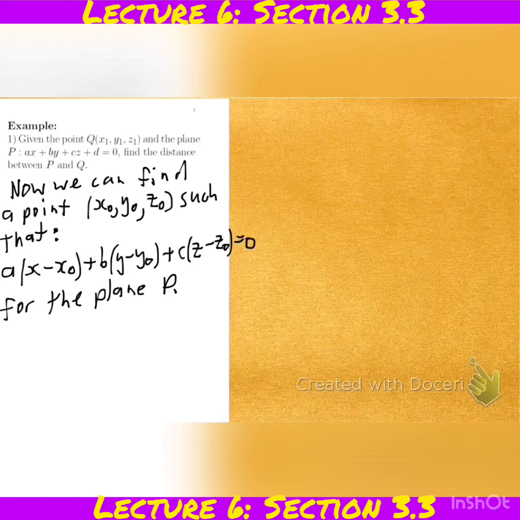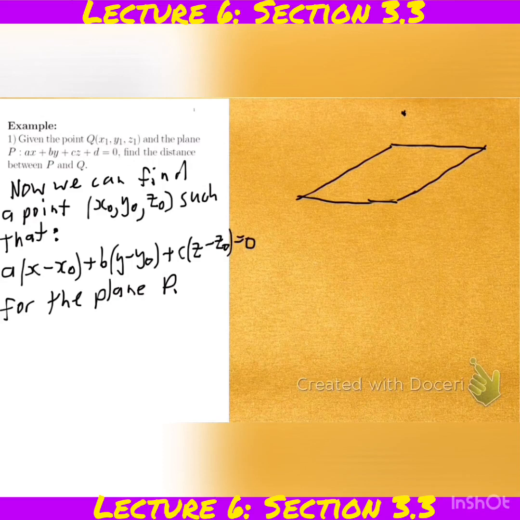So now what we're interested in is the distance between the plane P and the point Q. If we look at the plane, let's just draw a hypothetical plane there. Now we've got the point more or less there.